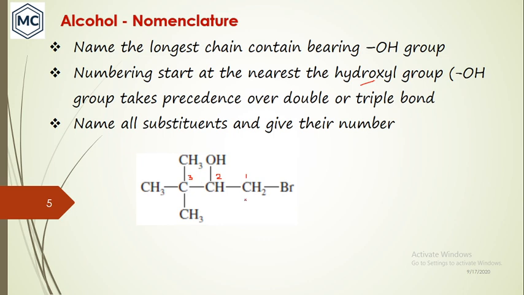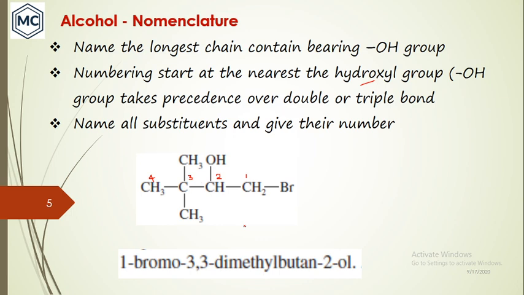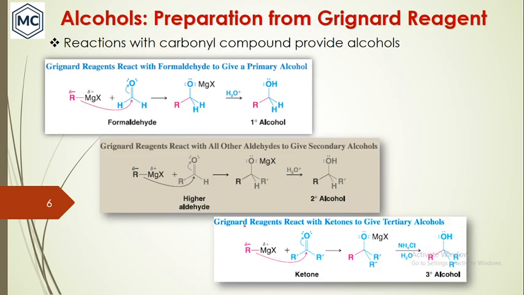In this particular example, how do you name this compound? The third point is that we should name the substituents and give the numbers. You have a 1-bromo substituent and 3,3-dimethyl substituents, and it is 1-bromo-3,3-dimethylbutan-2-ol.